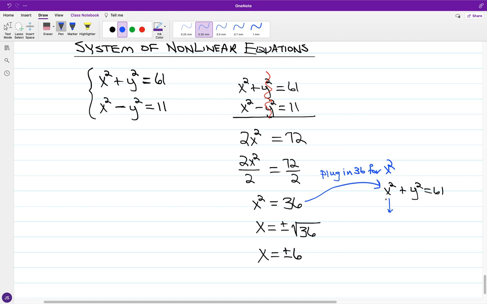If I do this, x squared is 36. Now 36 plus y squared is equal to 61. If I take the difference, subtracting 36 from 61, I'm going to have that y squared is equal to 25.